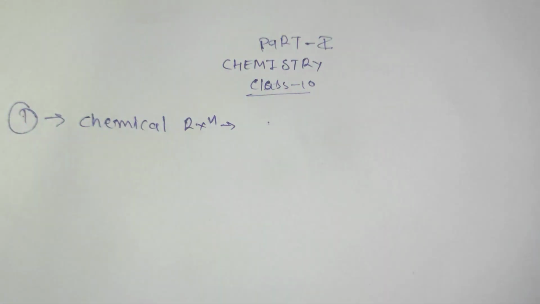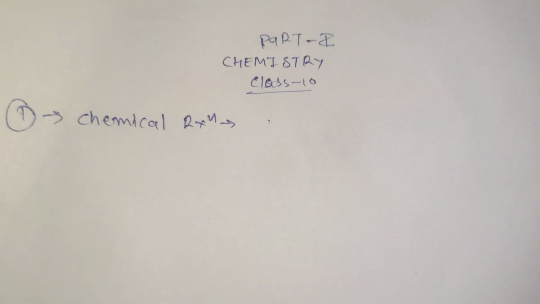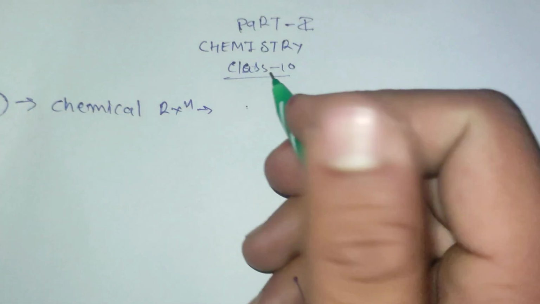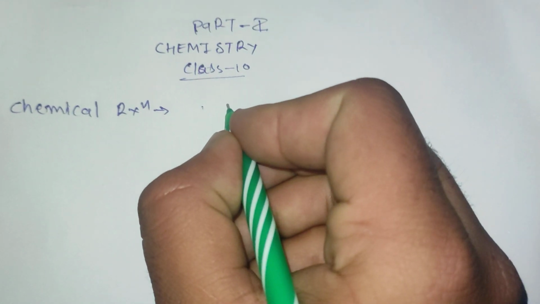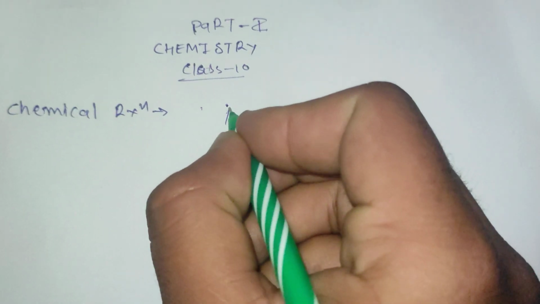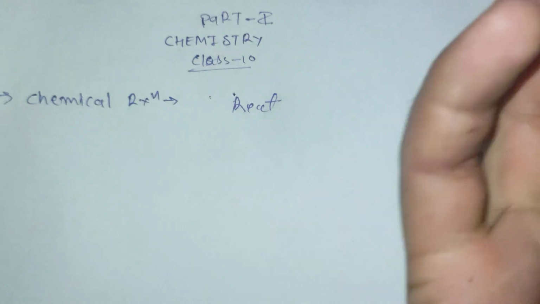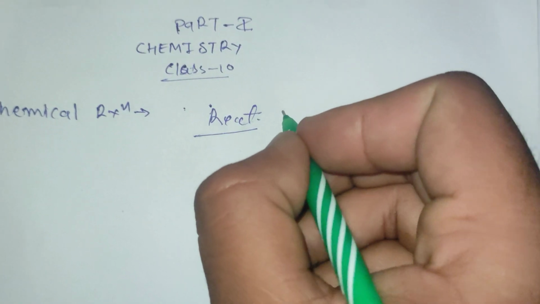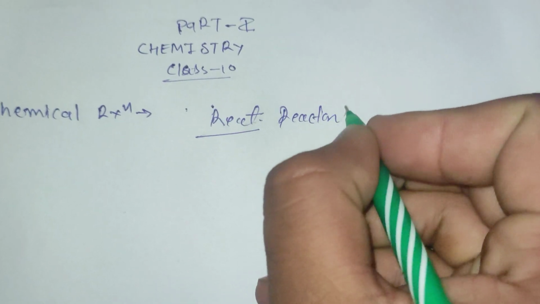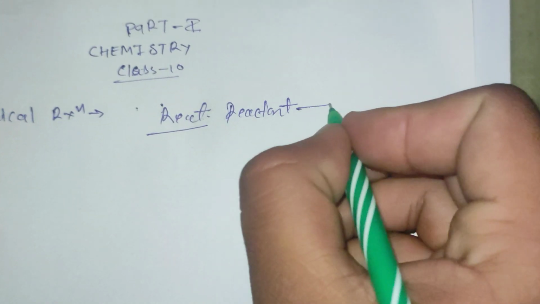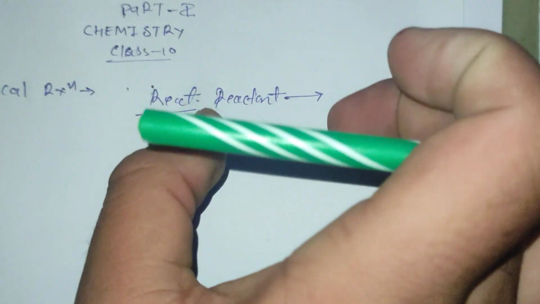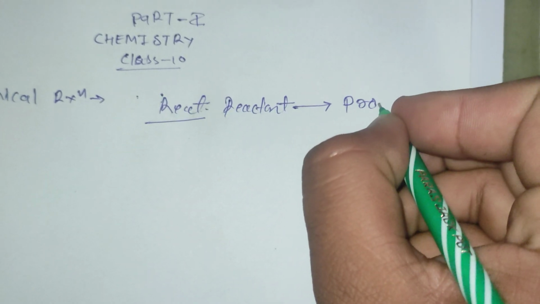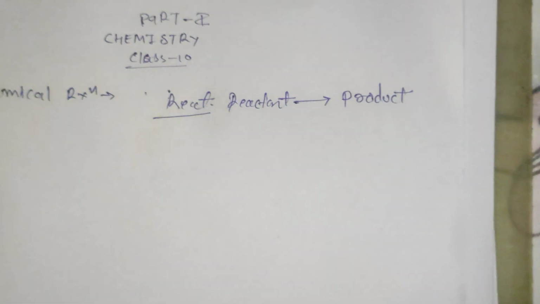We study the state and temperature of a substance. For example, we have a reactant, which is what reacts. So when it reacts, it converts into a product.